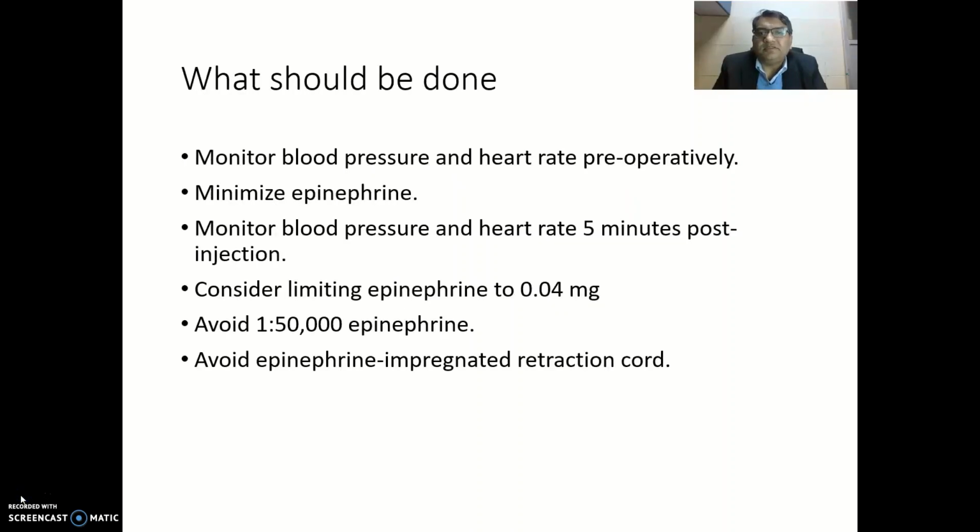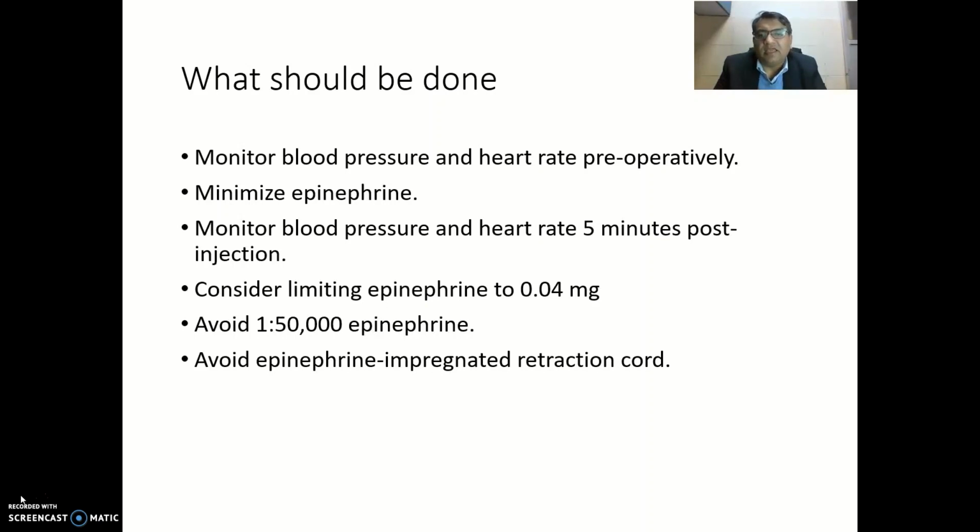So in patients who are prone to the side effects produced by epinephrine, what should we do? We should monitor the blood pressure and heart rate preoperatively, minimize the dose of epinephrine, and we can repeat it after 40 minutes, but the total dose should be reduced. Monitor the blood pressure and heart rate 5 minutes post injection.